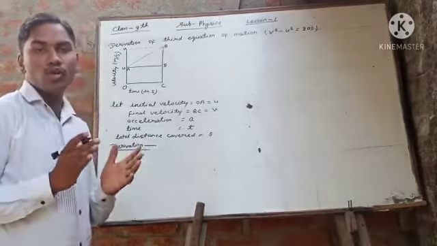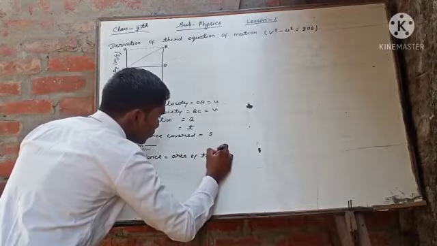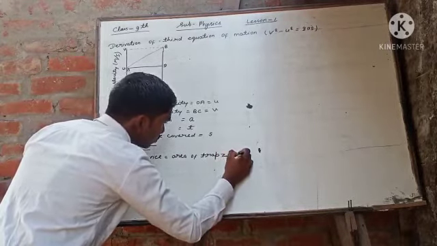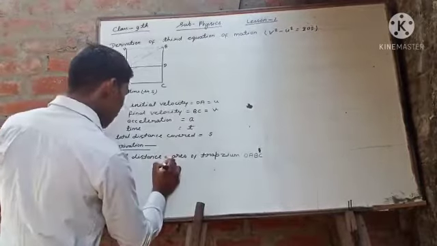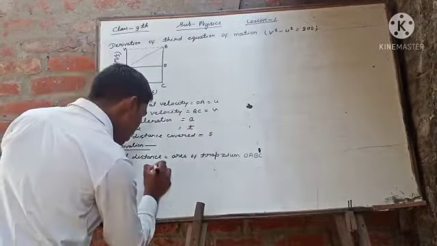So the total distance is equal to the area of trapezium OABC.